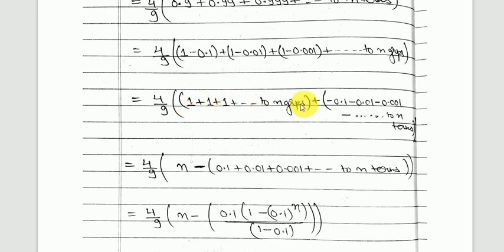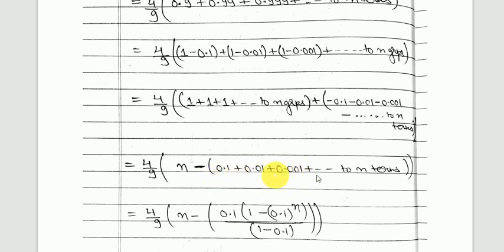Here 1 plus 1 are n times, so simply when you add them you get n. And here the minus sign will come out from each term. We are left with 0.1 plus 0.01 plus 0.001 plus so on to n terms. If you observe now, these are in GP. 0.01 divided by 0.1 gives 0.1, and when 0.001 is divided by 0.01 you will get 0.1.